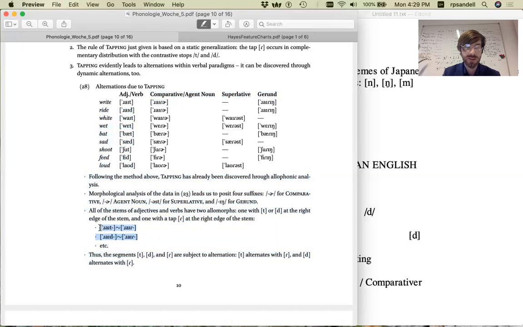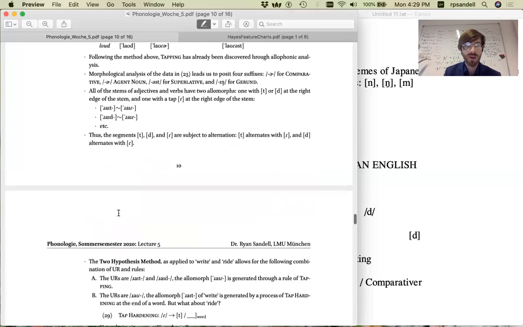So we can express these alternations as follows. We have an alternation between write and ride, between ride and ride. So the segments ta and da and ra, we can say, are subject to an alternation. The voiceless alveolar stop ta alternates with the tap ra, and also the voiced alveolar stop da alternates with the tap ra.